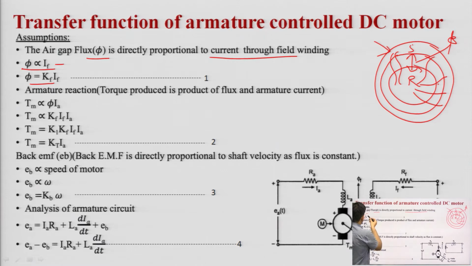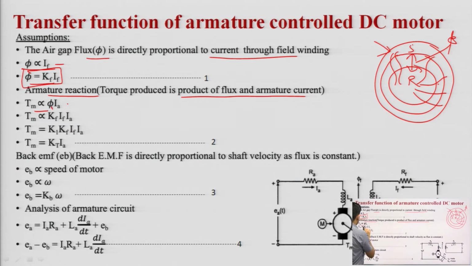Now, whenever this magnetic field interacts with the armature winding, you will get the armature reaction. Torque produced is proportional to flux and armature current. T m is the torque across this motor, proportional to phi and I a. Replacing the proportionality constant, the flux is given by K f I f.